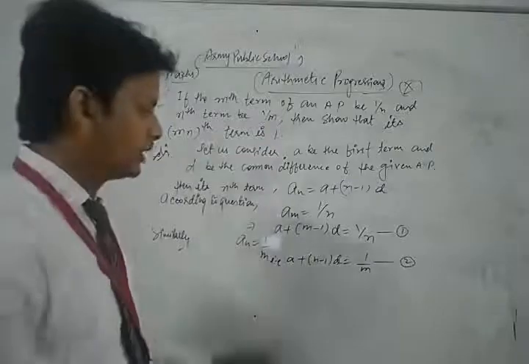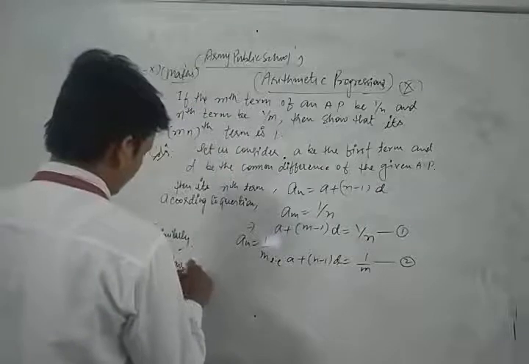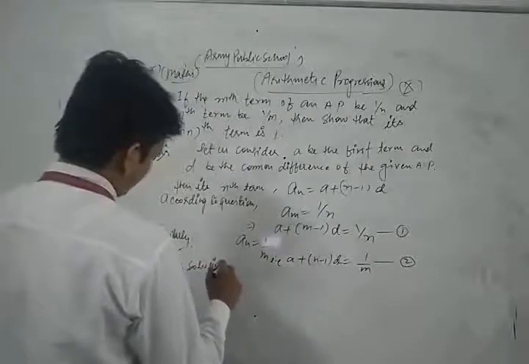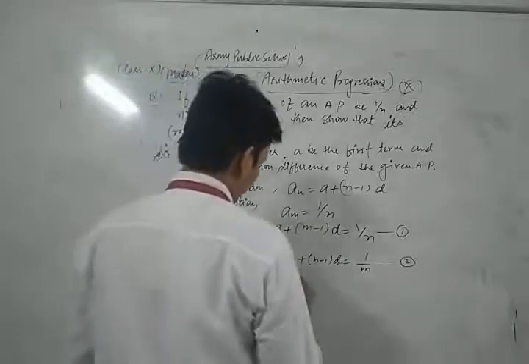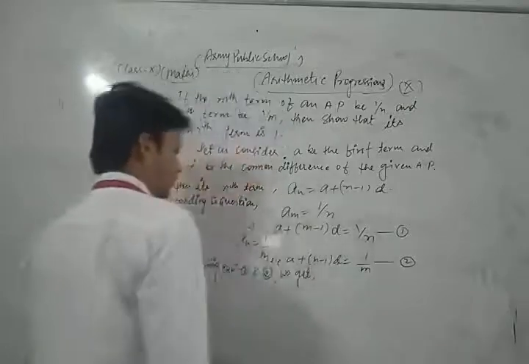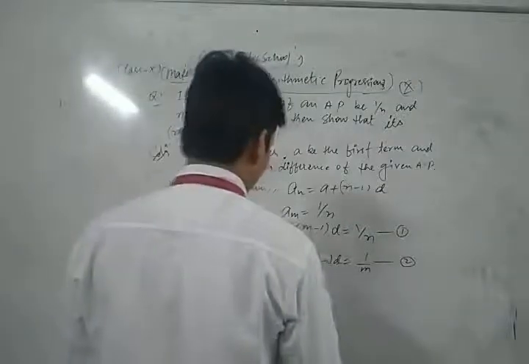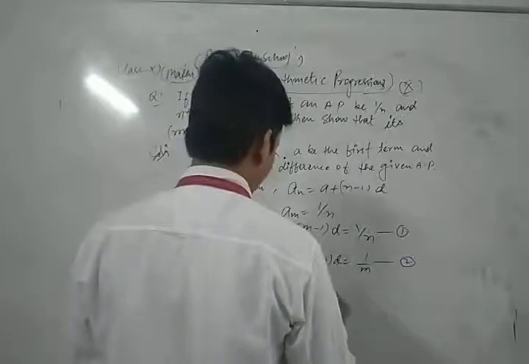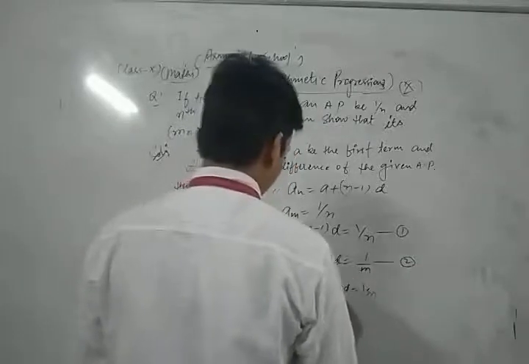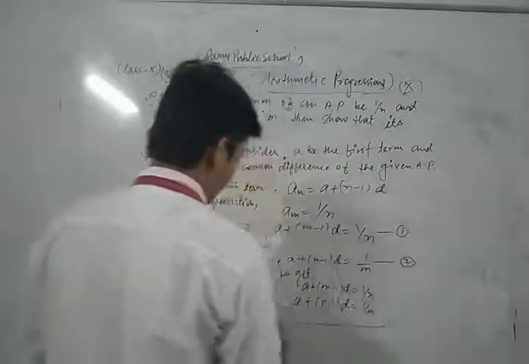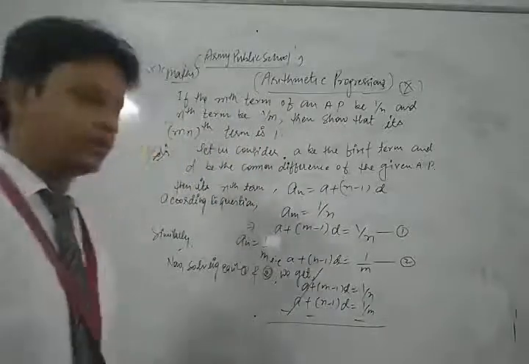Now we solve equations 1 and 2. The first one is a plus m minus 1 into d is equal to 1 upon n. The second is a plus n minus 1 into d is equal to 1 upon m. Now subtracting, a cancels out.